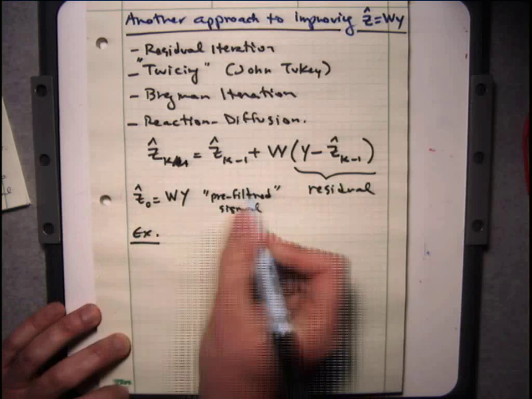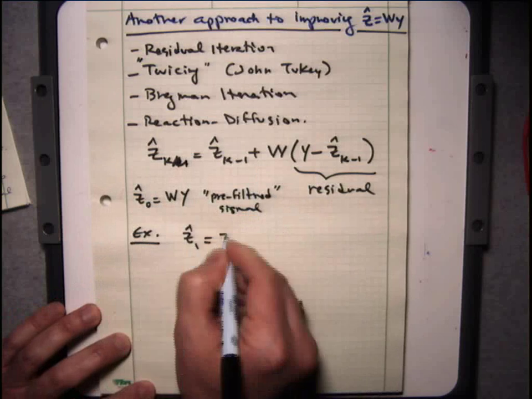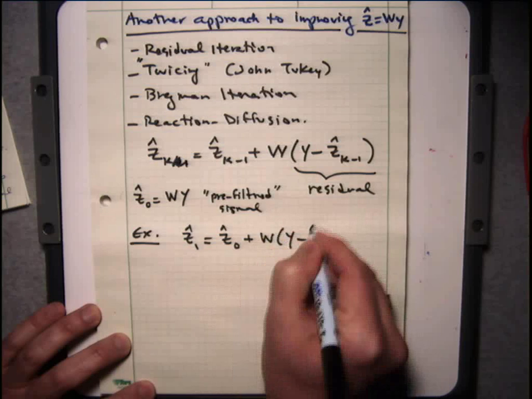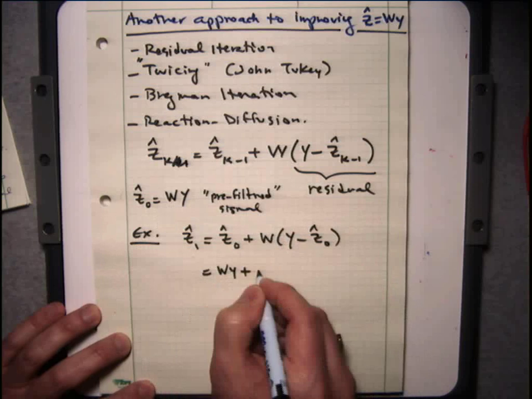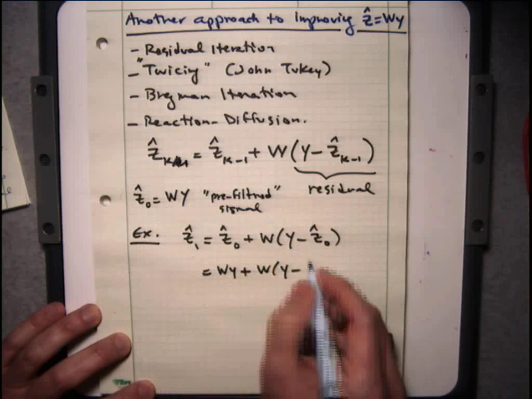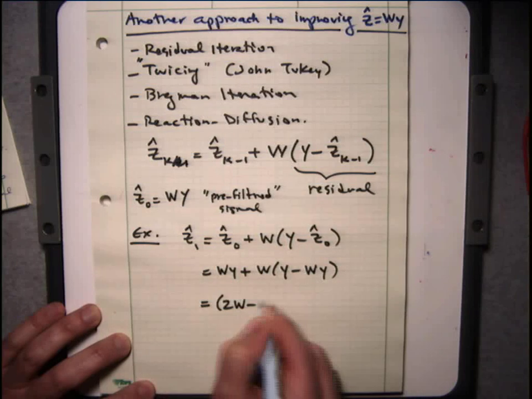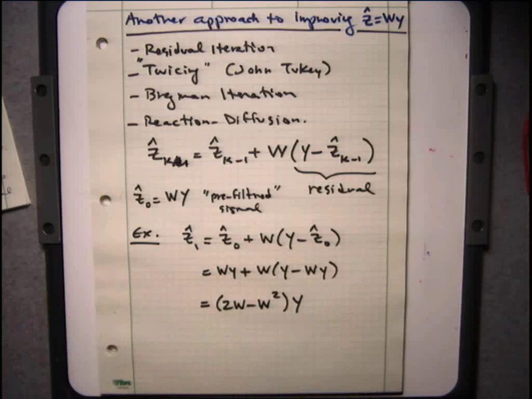Okay, so let me give you an example of what this does in a more specific sense. Let's do this for k equals 1. So z hat 1 is equal to z hat 0 plus w times y minus z hat 0. I just plug in the definition here: w times y plus w times y minus w squared y. This becomes 2w minus w squared times y. So before, when we iterated the diffusion, you got w squared, w cubed, and so on.